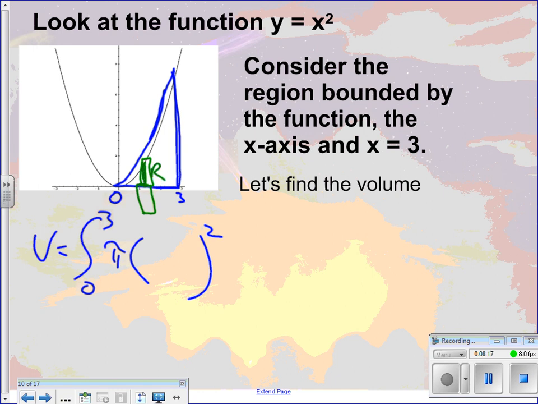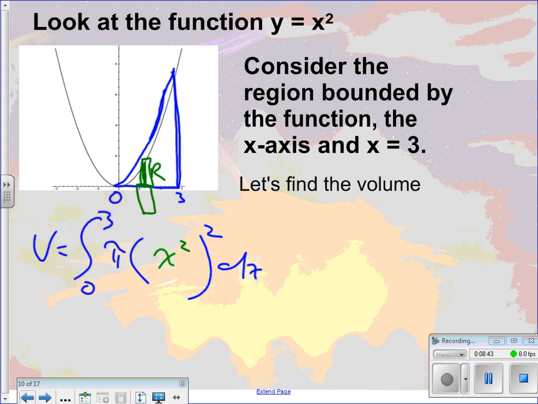That's our radius r. What function gives us that radius? What's our graph? What's our region? What's the function? X squared. So our radius is x squared. So it's x squared squared dx. That's the integral you do.